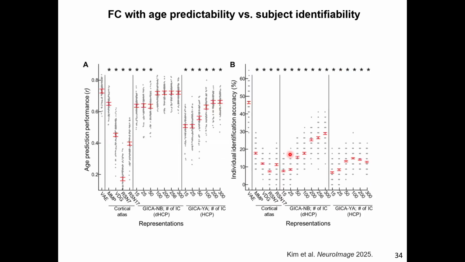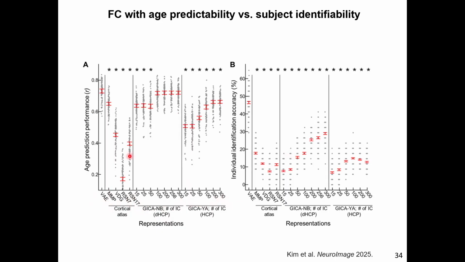What we did was try to predict age with the functional connectivity patterns, using either the VA model or cortical atlases such as Yeo's RSN7 and RSN17, or group-level ICA with different numbers of components, and group-level analysis from young adults with different numbers of components.